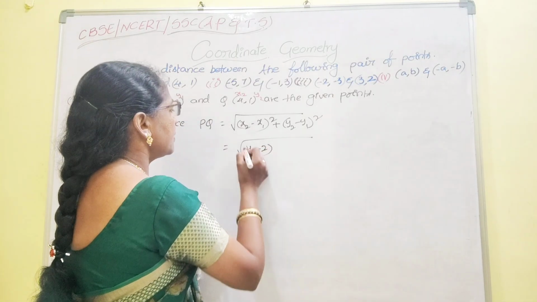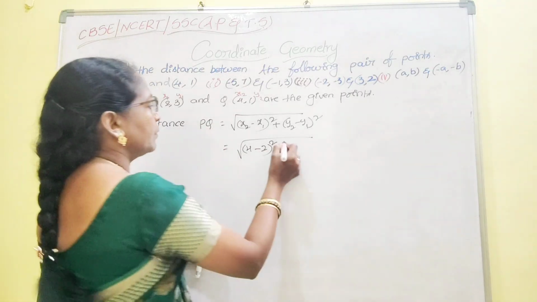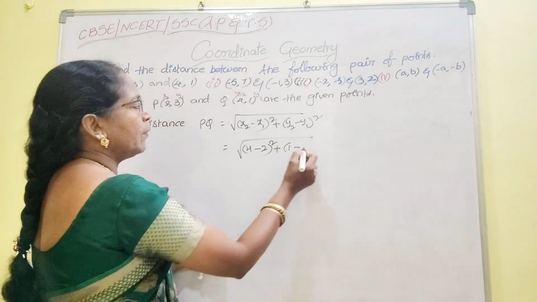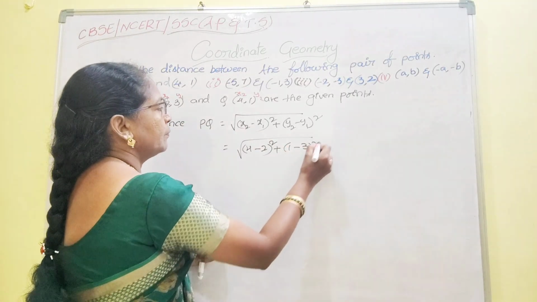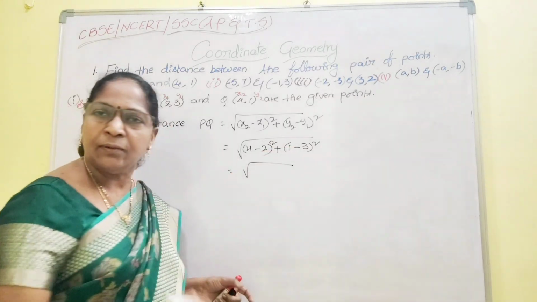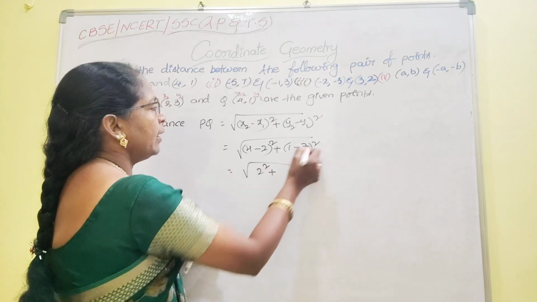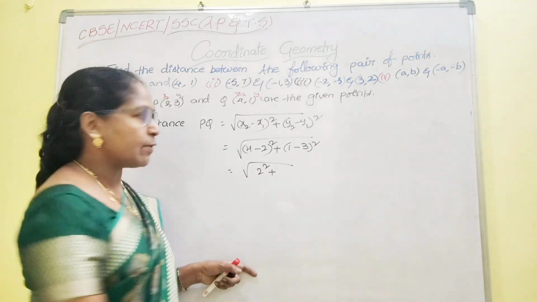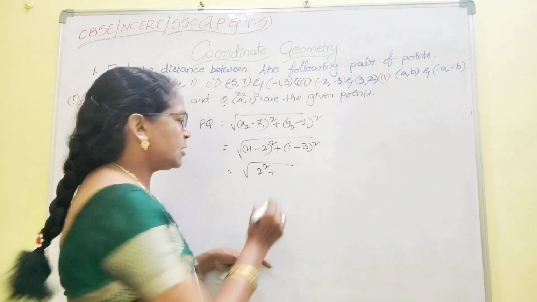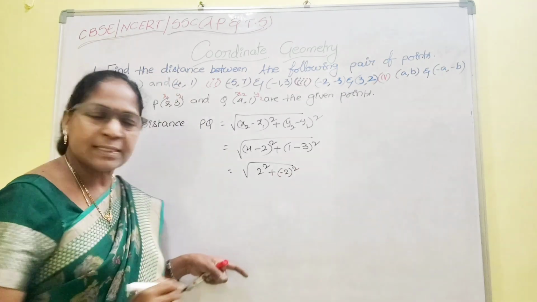So (4 minus 2) whole square plus (y2 equals 1 minus y1 equals 3) whole square. Now 4 minus 2 equals 2, square is there, so write 2 square. Again (1 minus 3) whole square. 1 minus 3 equals minus 2, so keep bracket (minus 2) whole square.